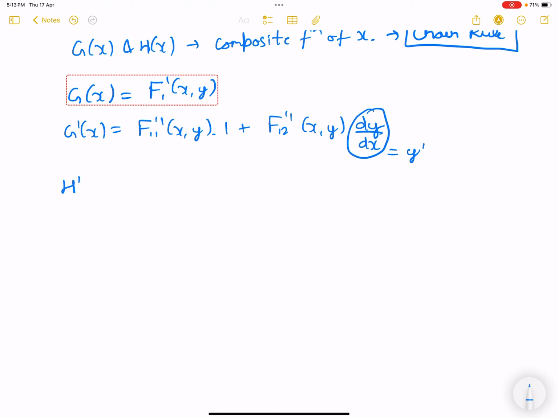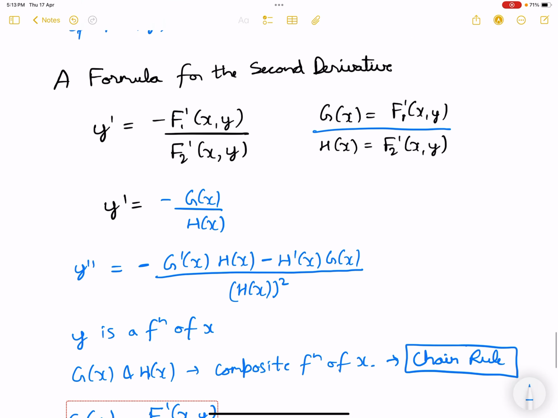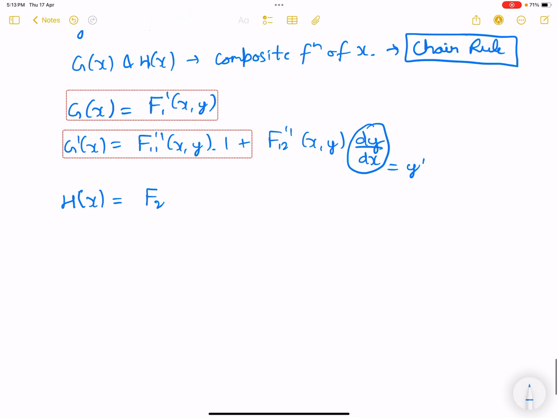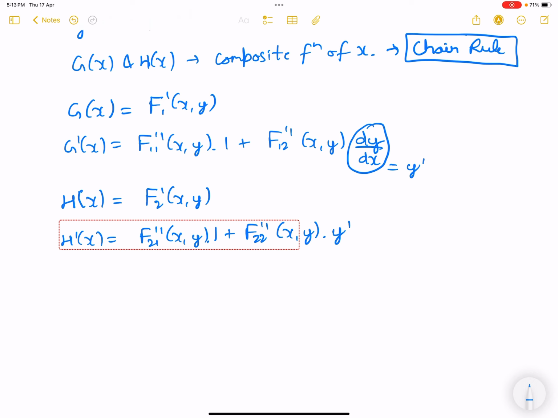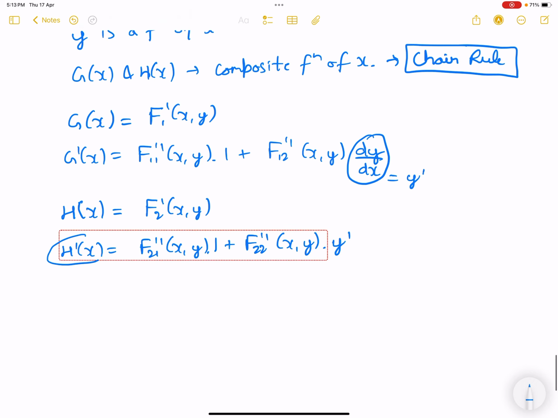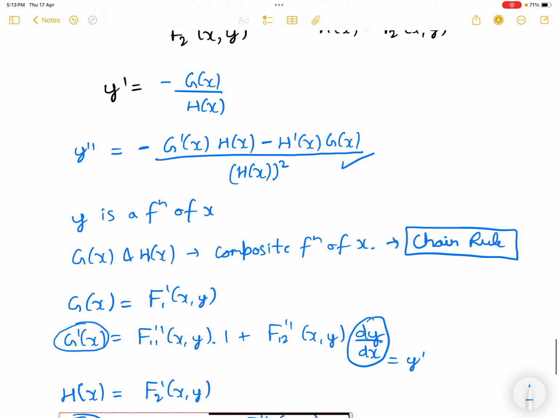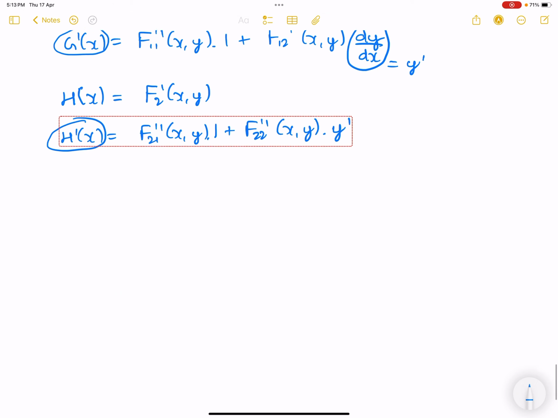Similarly, h(x) is f2 dash(x,y), then h dash(x) would be f21 double dash(x,y) plus f22 double dash(x,y) into y dash. Also, if you substitute these values of g and h into this, I'm not doing the calculations, I'll tell you the final result.